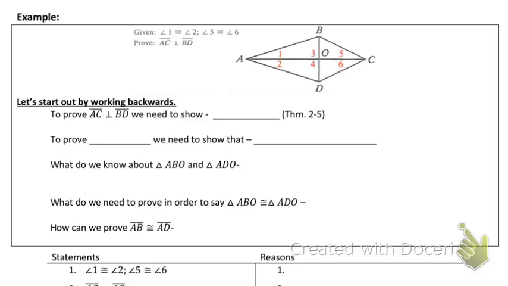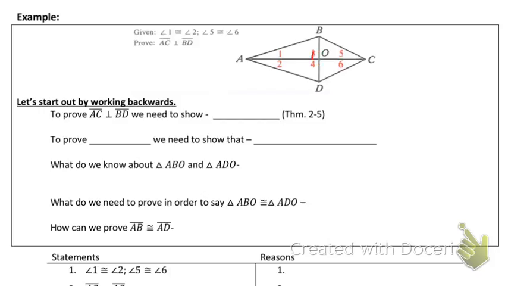So it says given angle 1 is congruent to angle 2, and angle 5 is congruent to angle 6. So what I want to prove, let me color it in really quick. What I want to prove is basically that angle 3 and angle 4 are perpendicular, that they're right angles.